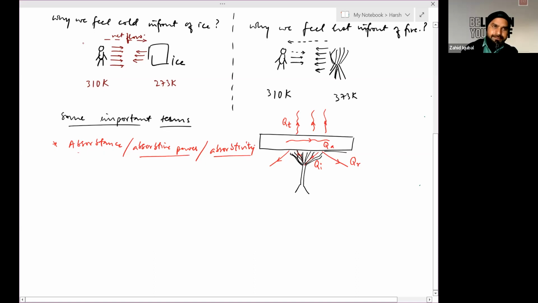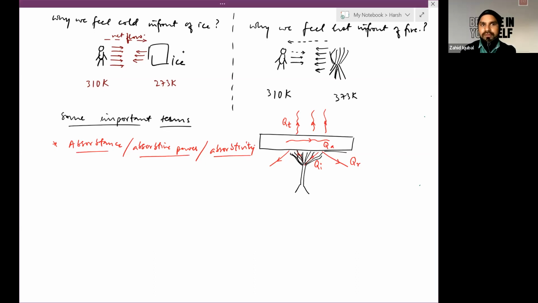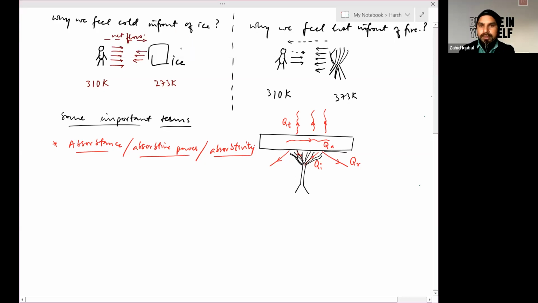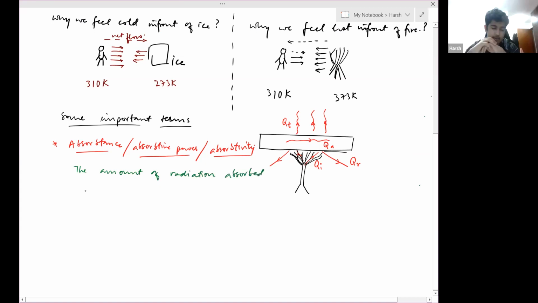So it is the ratio of the amount of radiation absorbed by the body to the total amount of radiation falling on it.